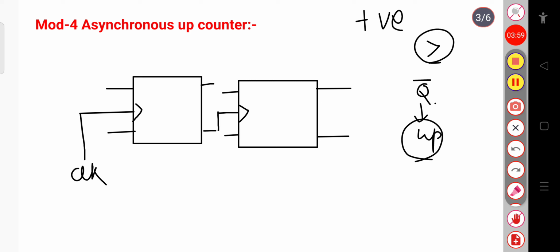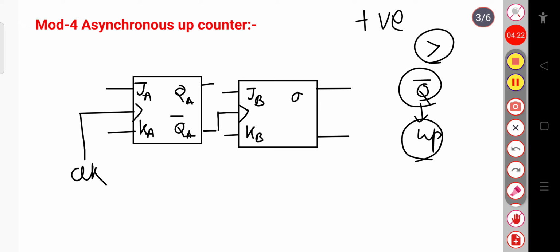This is a JK flip-flop. Here I am writing JA and KA for the first one, and this is QA and this is QA bar, and the second one is JB and KB. This is a JK flip-flop, so here the outputs are QB and QB bar.